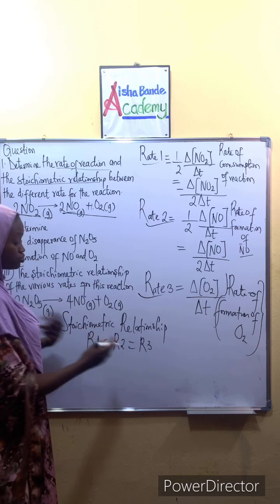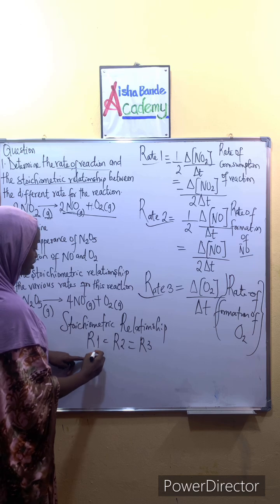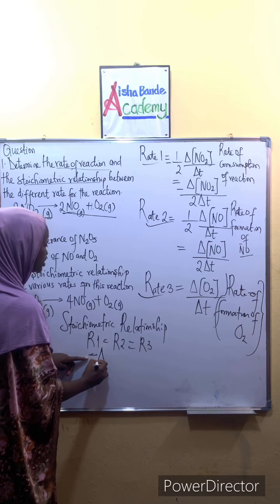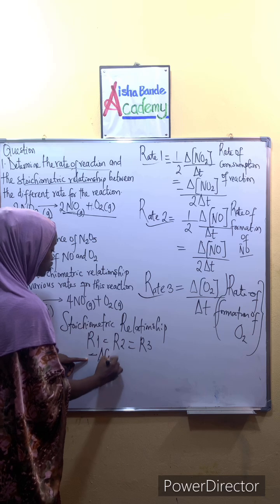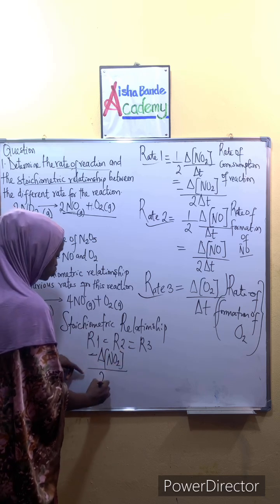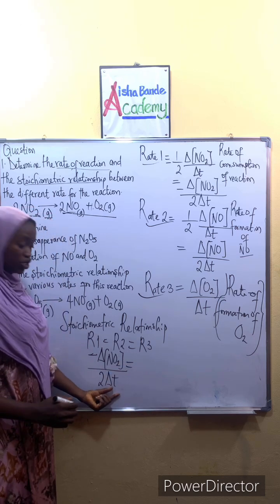Now for us to equate them, we're just going to take the answers we have here. That gives us the stoichiometric relationship. Here we have minus change in the concentration of the reactant, which is NO2, all over 2 change in time. This is for rate of reaction 1.